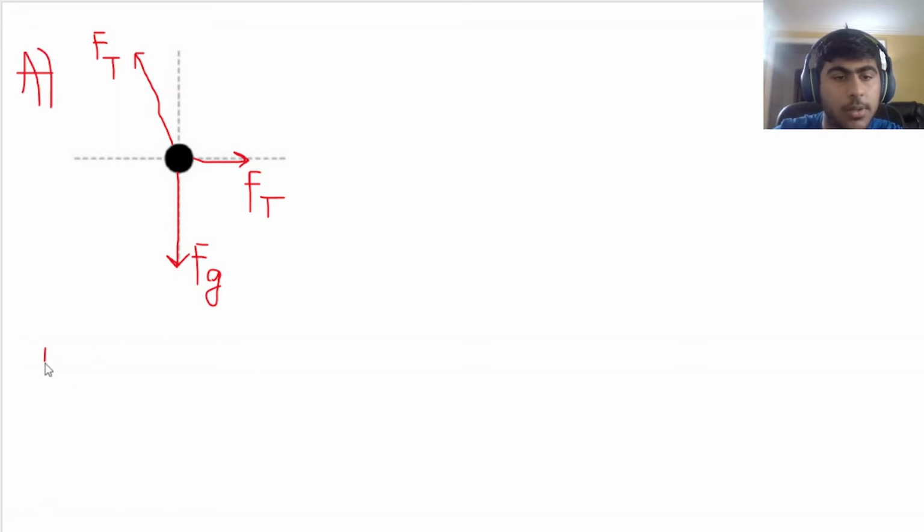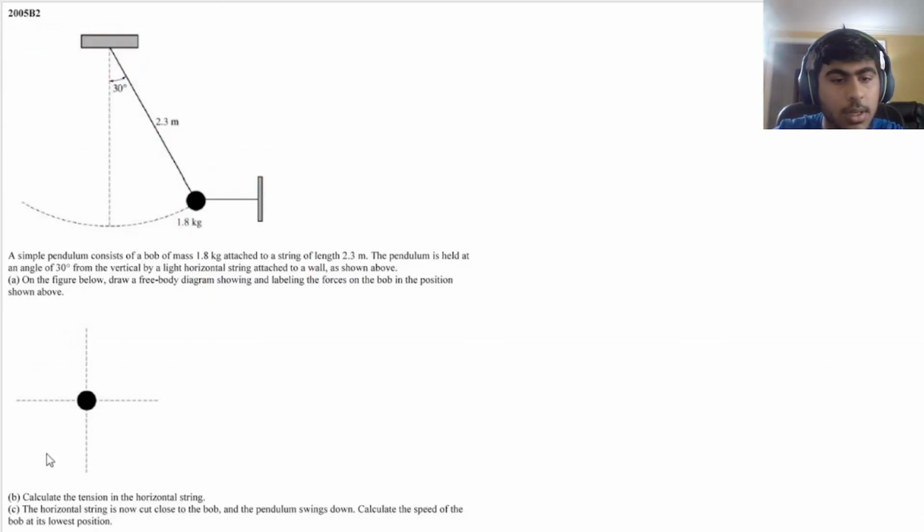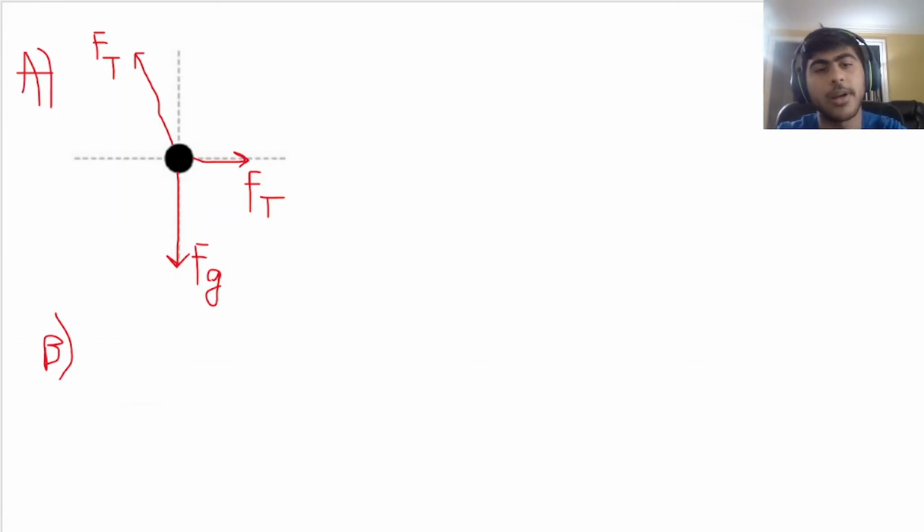All right, let's go on to part B. Calculate the tension in the horizontal string. Well, what do we have here? We could just plug in to all this free body diagram stuff that we did.